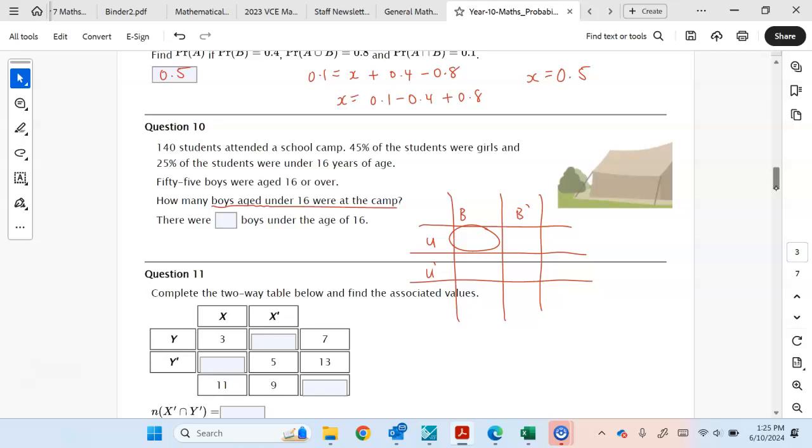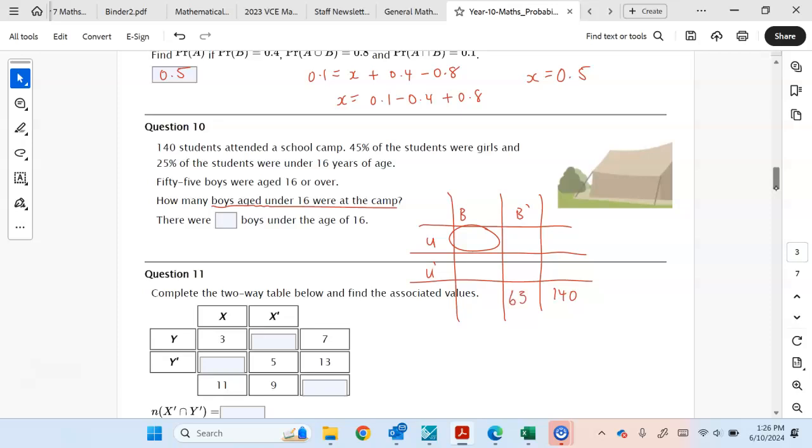All right, so we've got 140 students in total. 45% of them were girls, so I'm just going to take 45% of 140. That's 63.